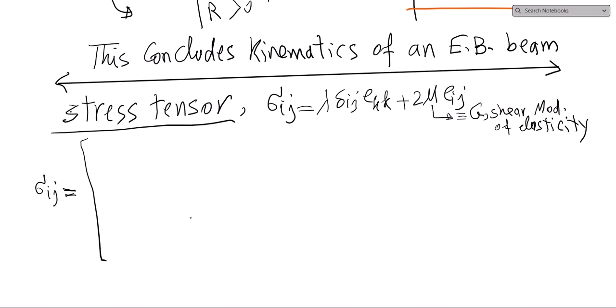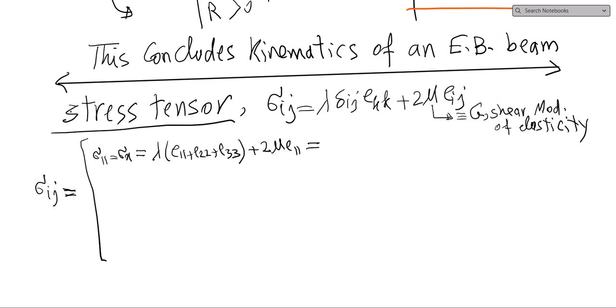So what is sigma 1,1? Sigma 1,1 is sigma x, which is the stress normal to the plane perpendicular to x-axis in the direction of x-axis. Okay, so I and j are 1, both of them. So delta 1,1 is 1, and therefore this becomes lambda EKK, which is summation, plus 2 mu E11.